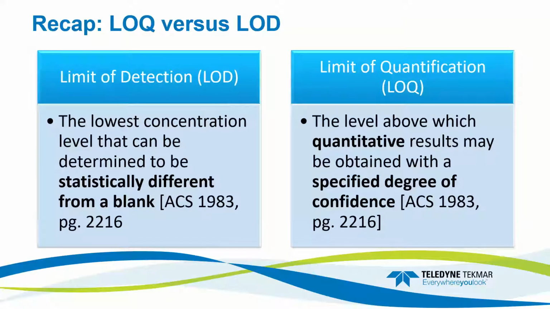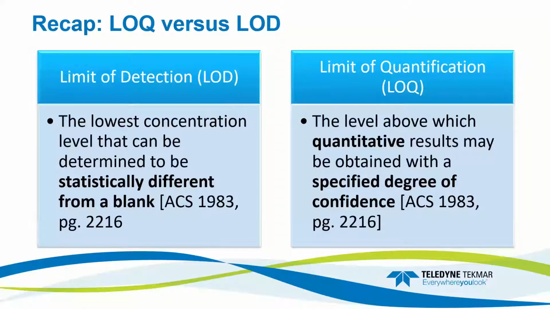One thing we need to understand is what an LOD versus an LOQ is. Limit of detection is the lowest concentration level that can be determined statistically different from a blank. A lot of manufacturers like to put our LODs into our manuals or brochures and state that as a specification.